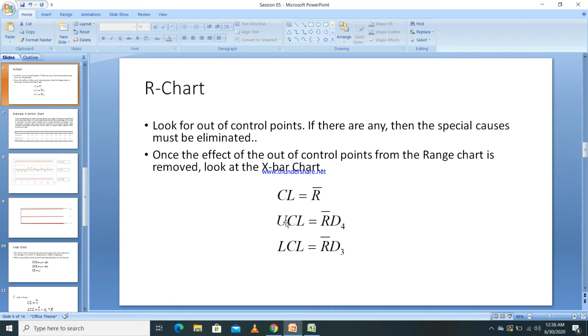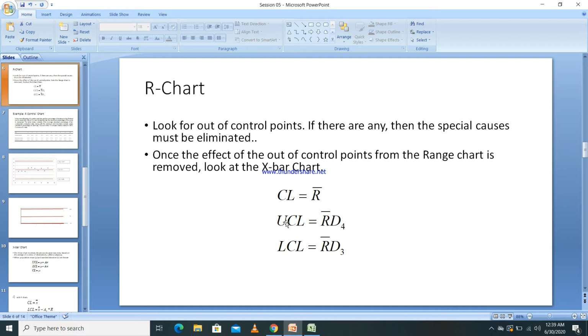And then you have to eliminate them from your process. So once the effect of the out of control points from the range chart is removed, then we again use the same process and draw the X bar chart, or you monitor the same process using the X bar chart to confirm whether our process is in control, right?